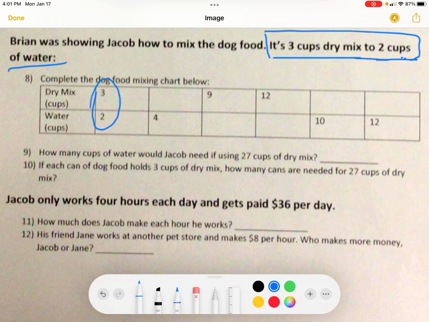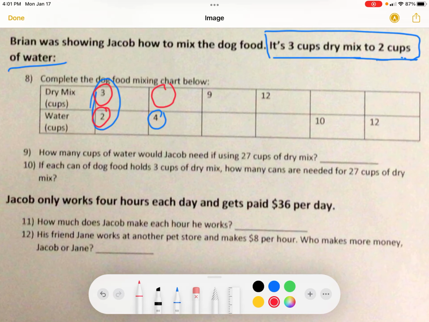So we have some numbers here and we have some blanks that we need to complete. My next column says that I have 4 cups of water and I need to know how many cups of dry food. I don't know how many cups of dry food, but I know that the original recipe says that 3 cups of dry food equals 2 cups of water. So I'm taking this recipe and I'm going to make it bigger.